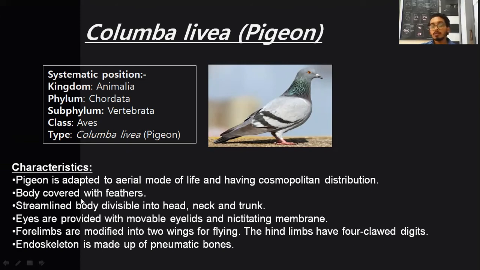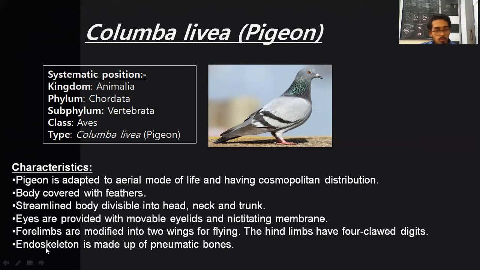The body is covered with feathers. They have a streamlined body divisible into a head, neck, and trunk region. The eyes are provided with moving eyelids and a nictitating membrane. The forelimbs are modified into 2 wings for flight. The hind limbs have 4 clawed digits and are meant for perching, for landing or for grabbing anything.